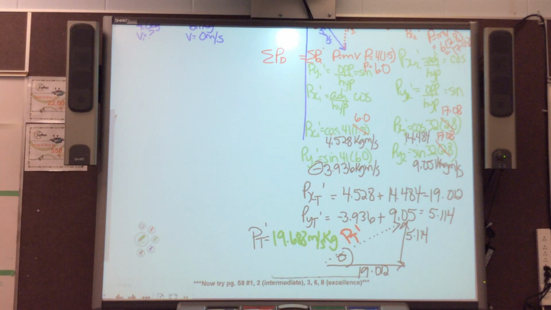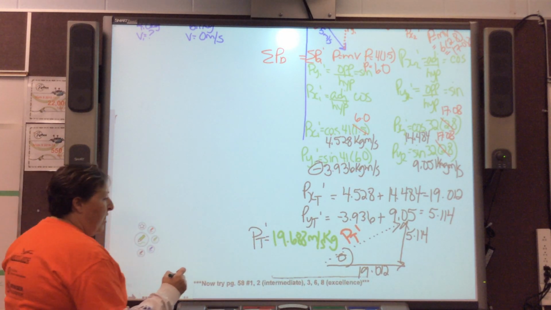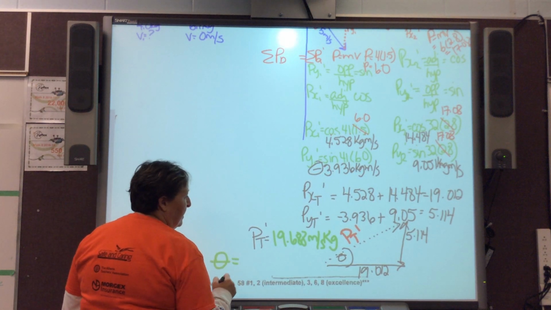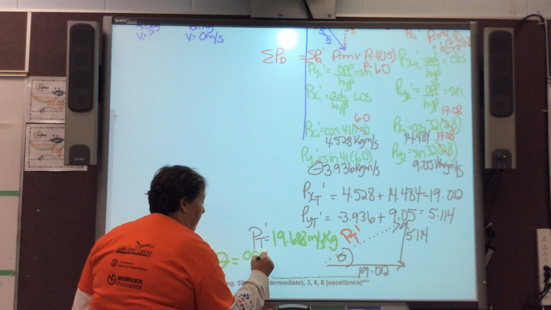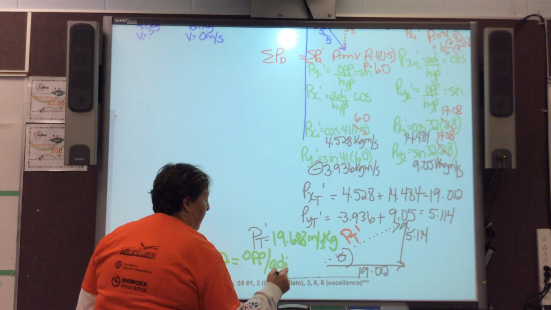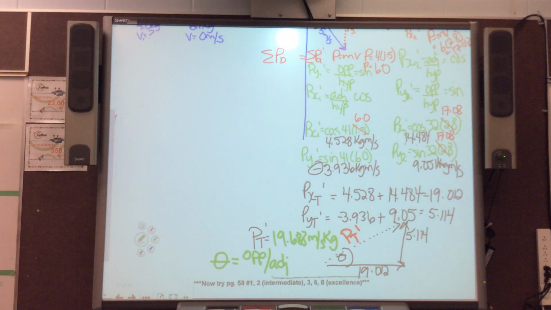Okay. What about our angle? Our theta is going to be opposite over adjacent. And what do we get? I know, math in the morning is so hard.